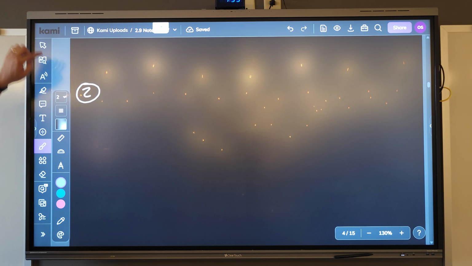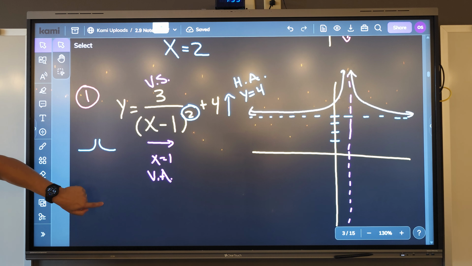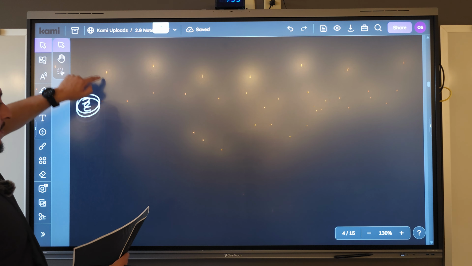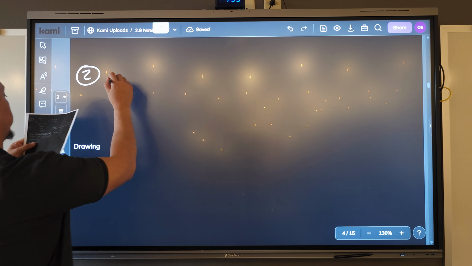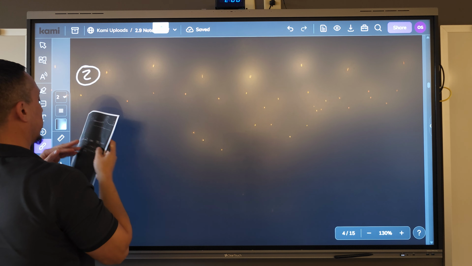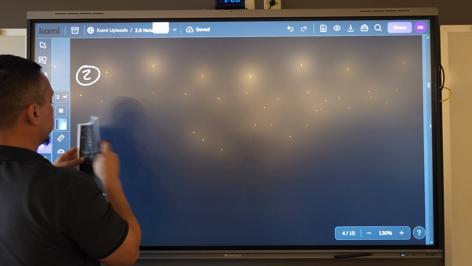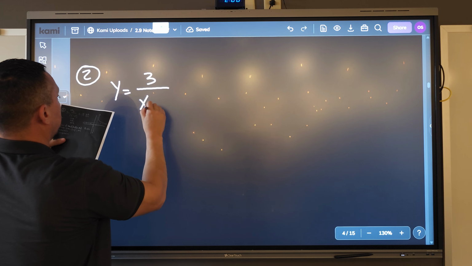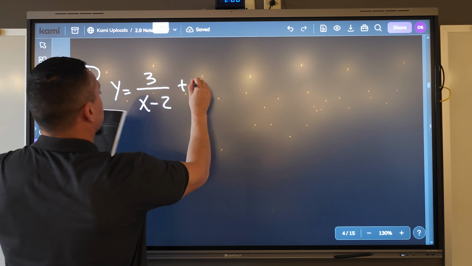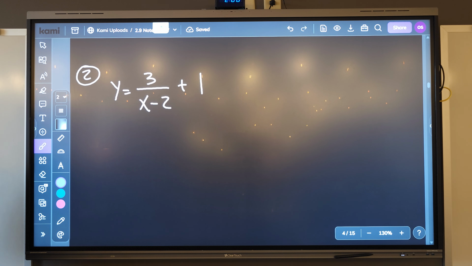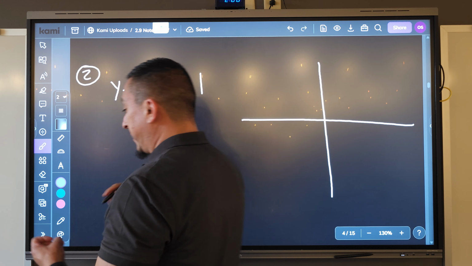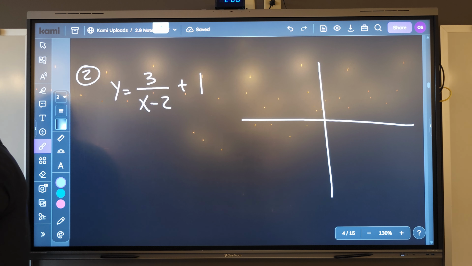Does anybody have any question right now that they're not sure about? Okay, so just your sketch. Let's do y equals 3, x minus 2, plus 1. So what does your close-up sketch look like? What's your HA? What's your VA?